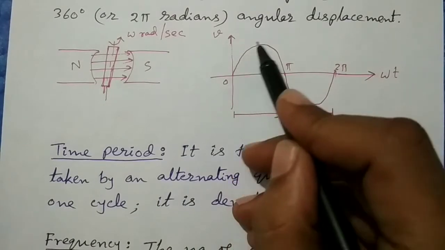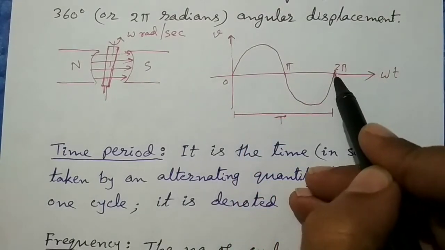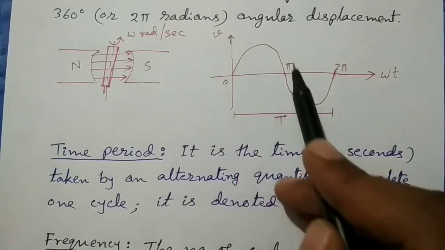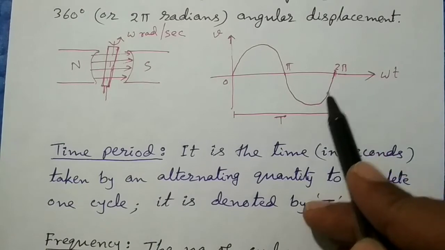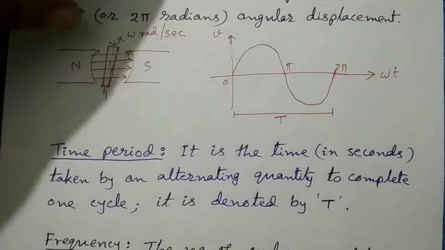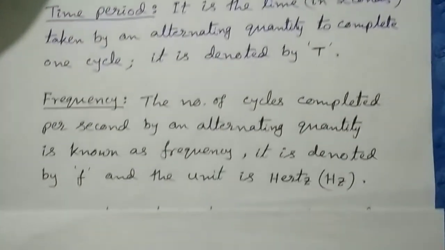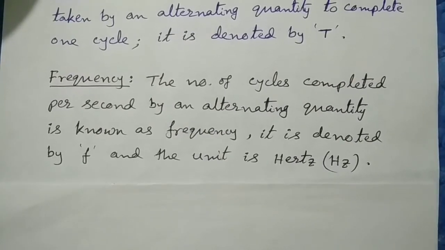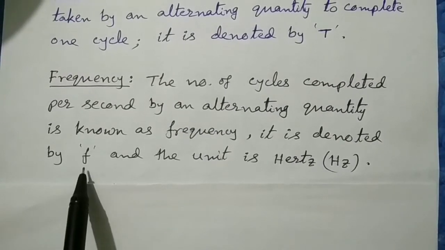So this is one complete cycle. Now the frequency is defined as the number of such cycles completed in 1 second. This is called the frequency. Frequency is generally measured in hertz, and it is denoted by the small letter f.